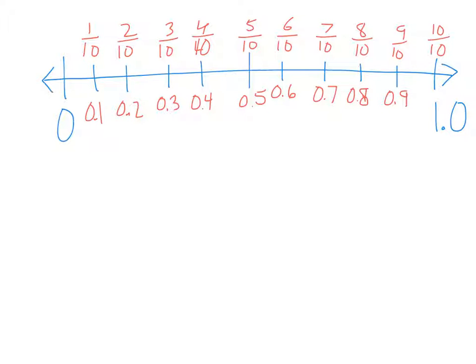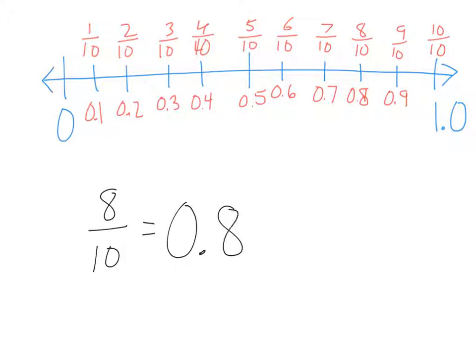And we would read these the same way as we read the fraction: 1/10, 2/10, 3/10, 4/10, 5/10, 6/10, and so on, because this digit is in the tenths place on our place value chart. So if I had the fraction 8/10, I could say that is equal to the decimal 0.8. If I had the fraction 2/10, I would say that is equal to the decimal 0.2.